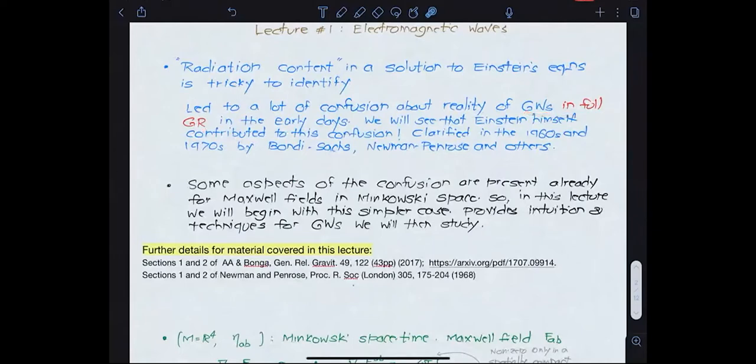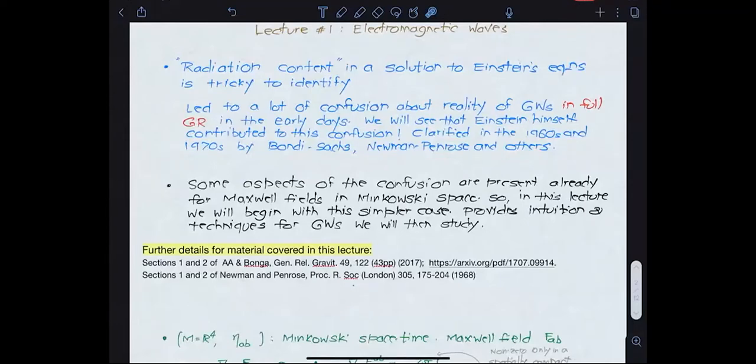And we will hopefully resolve this confusion at the end of today's lecture. But even Einstein himself contributed to this confusion. But this was clarified in the 1960s and 70s by Bondi and Sachs, Newman, Penrose, and others.